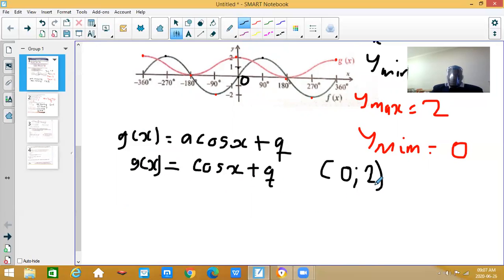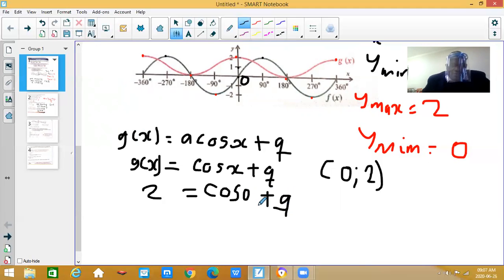So in the position of y, you put a 2 here. And then in the position of x, you plug in 0. So you say plus q. We want to find the value of q.